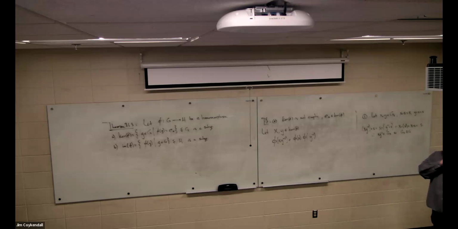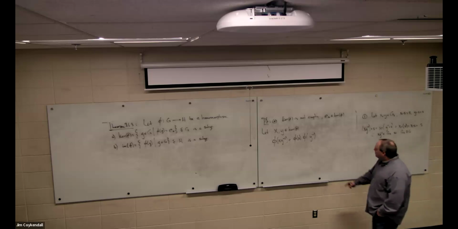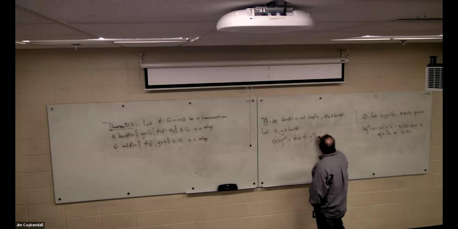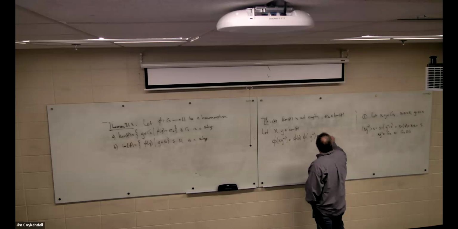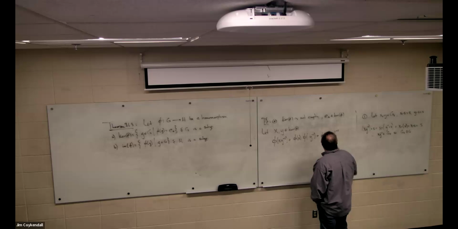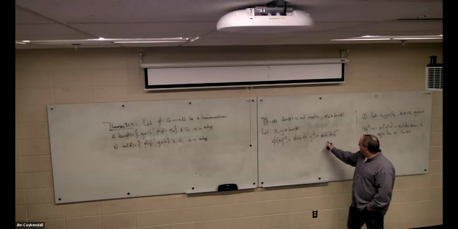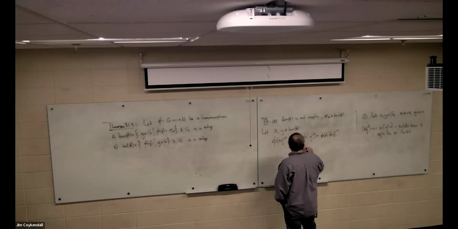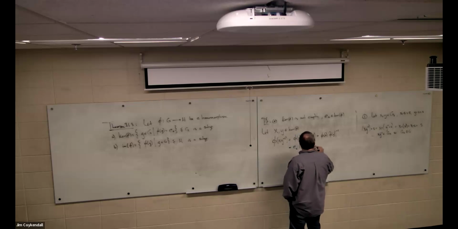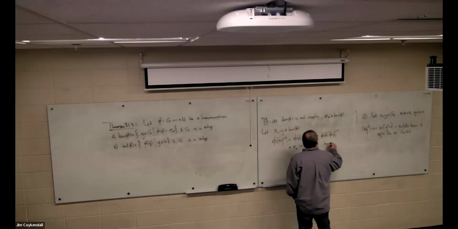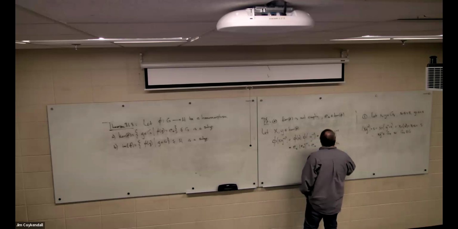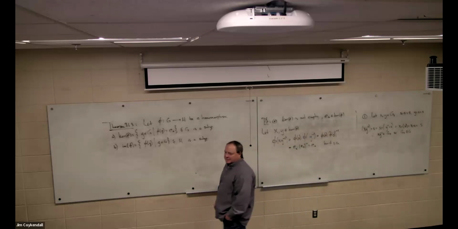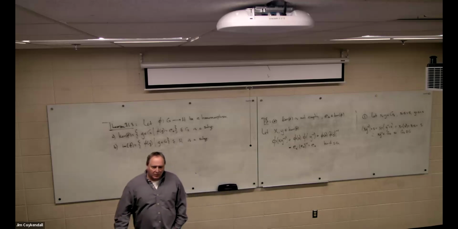Anybody tell me what I can do? Yeah, I can pull this out, right? So this is phi of x times phi of y, quantity inverse. So since x is in the kernel, this is e_H, and this is e_H inverse, which is e_H. So the kernel of phi is a subgroup of G by the subgroup criteria.